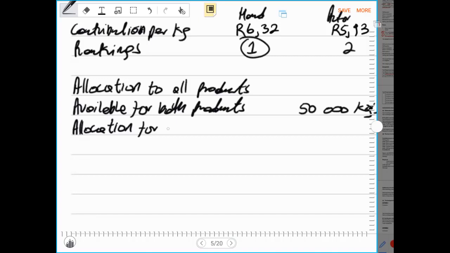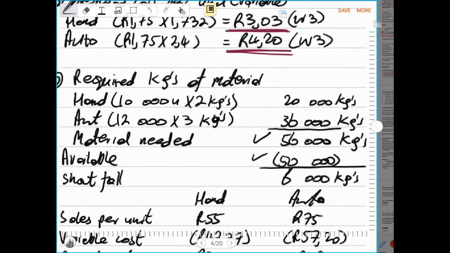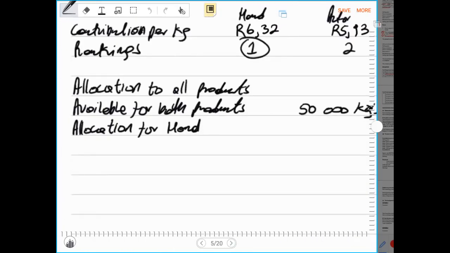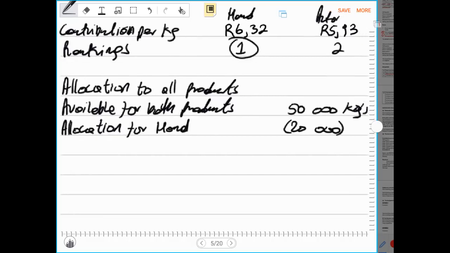So now for hand, we say how many kgs of material hand washing powder requires in order to complete their production. Hand washing powder requires 20,000 kgs. Then the question is, do we have 20,000 kgs out of the available? Yes, we do have the 20,000. Therefore, we can record that 20,000 kgs.